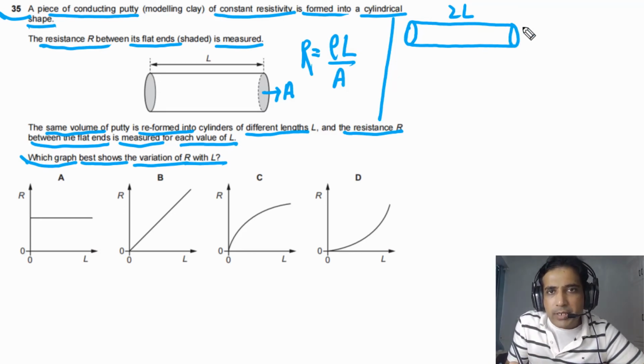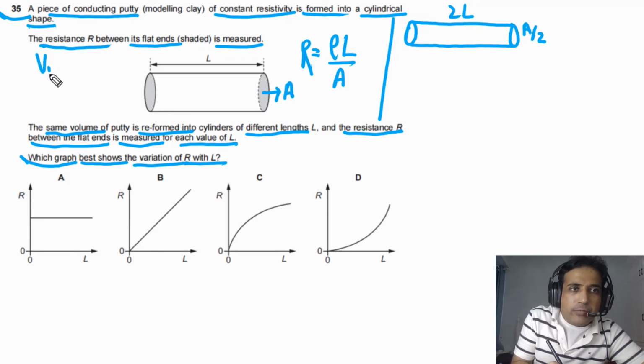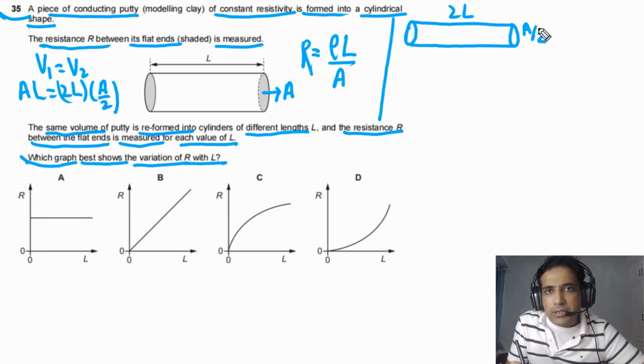Now we need to understand what is the cross-sectional area of this face. Cross-sectional area in this case has to be equal to A by 2 because volume remains constant. So simply we can understand V1 has to be equal to V2. V1 is equal to A times L. So for V2, if L is double, the area has to be half. So that's the reason this area is half.